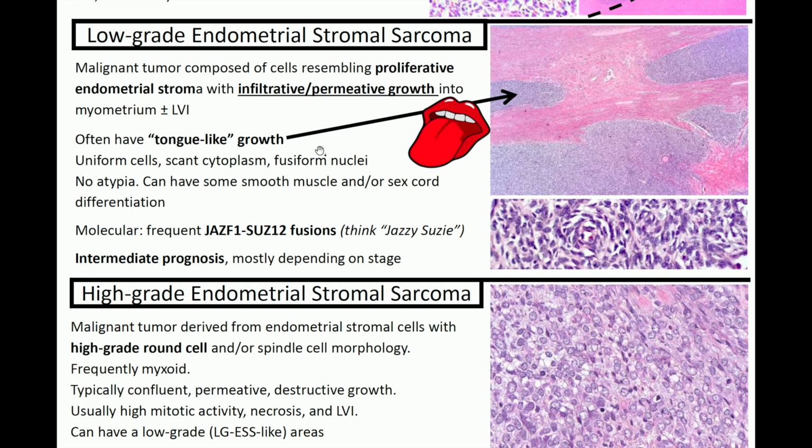And as mentioned, they often have that tongue-like growth, uniform cells with scant cytoplasm, fusiform nuclei, no atypia, and they can have some smooth muscle and/or sex cord differentiation. And the molecular is going to be the same as the endometrial stromal nodule, JAZF1-SUZ12, think Jazzy Susie. And low grade has an intermediate prognosis, mostly depending on stage.